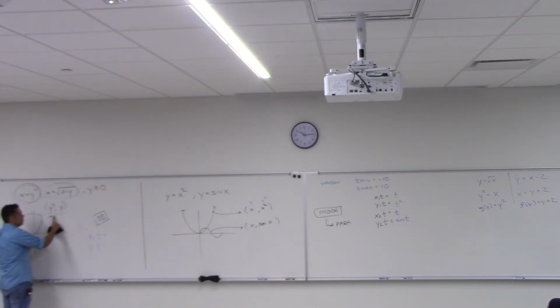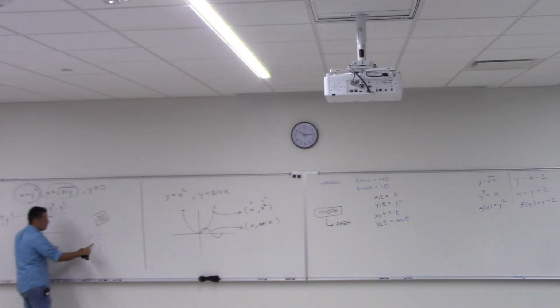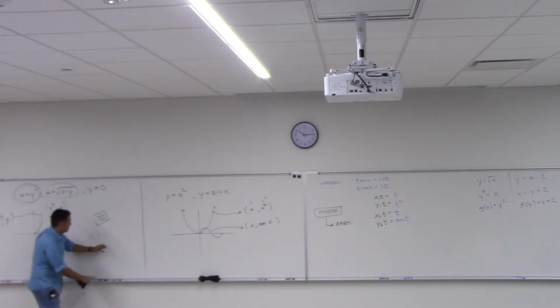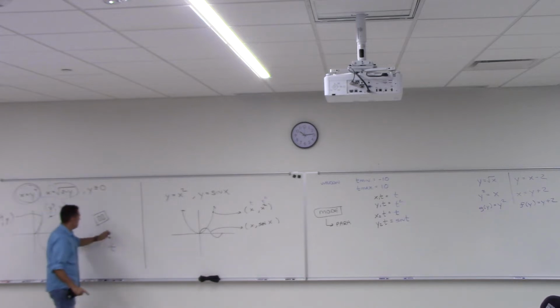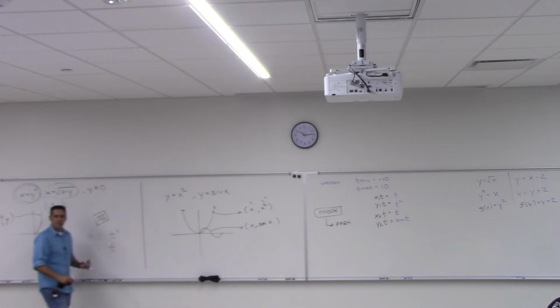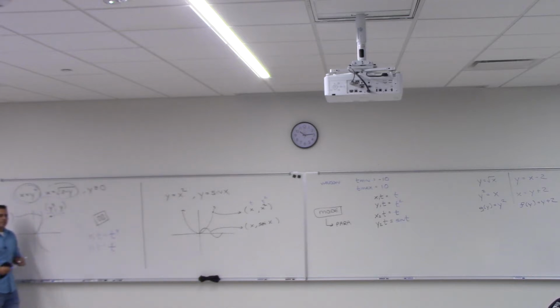So which one is the input? The y value, right? So I want my y value to be t, and I want my x value to be t to the fourth. Do you see the difference? And then do this one as well.